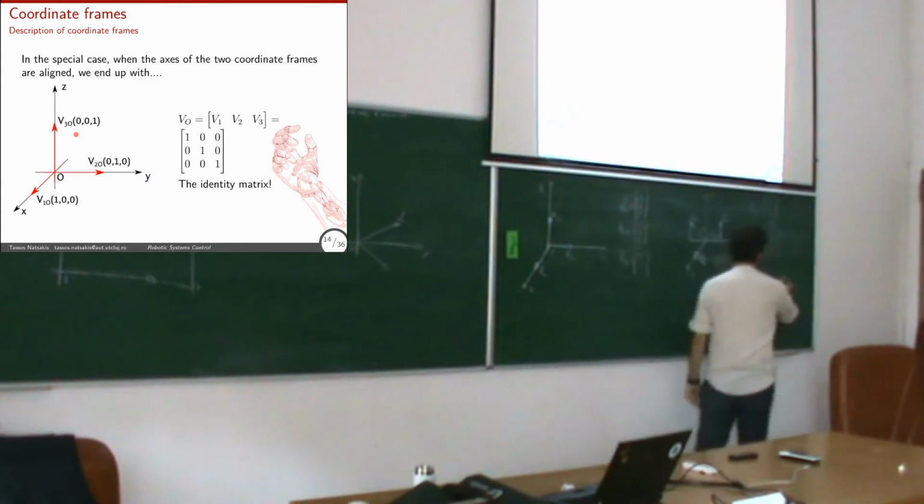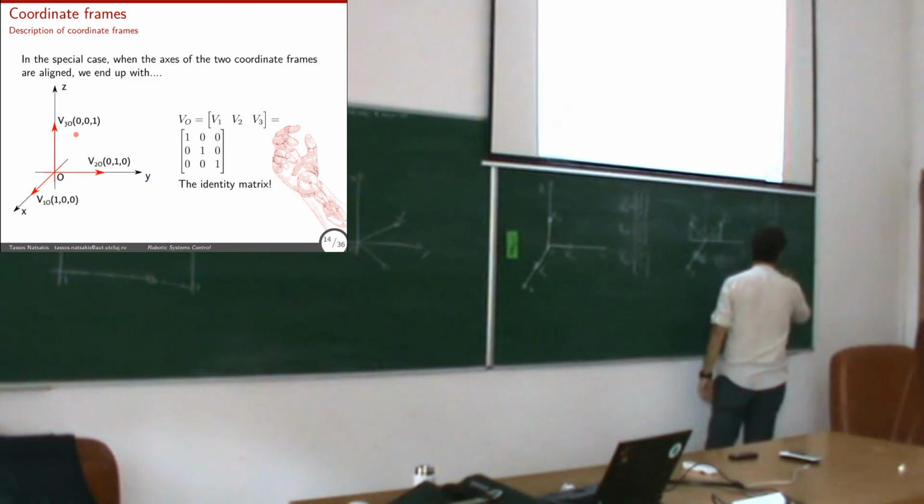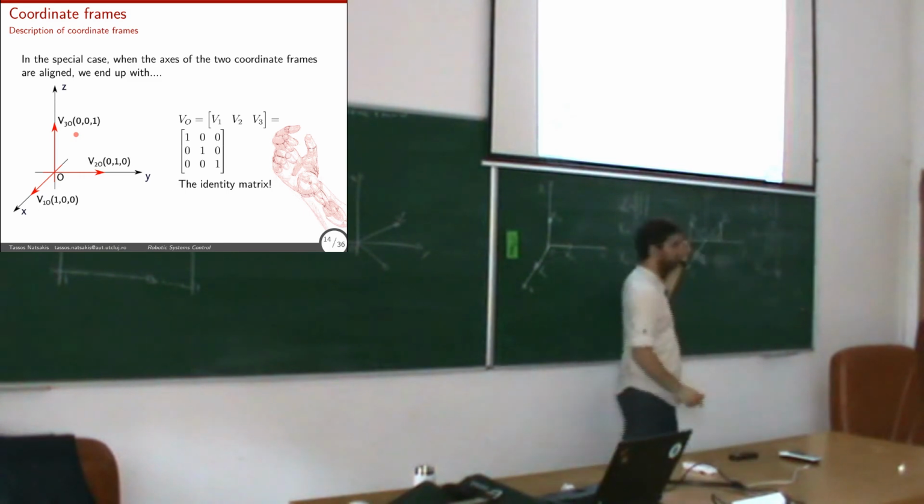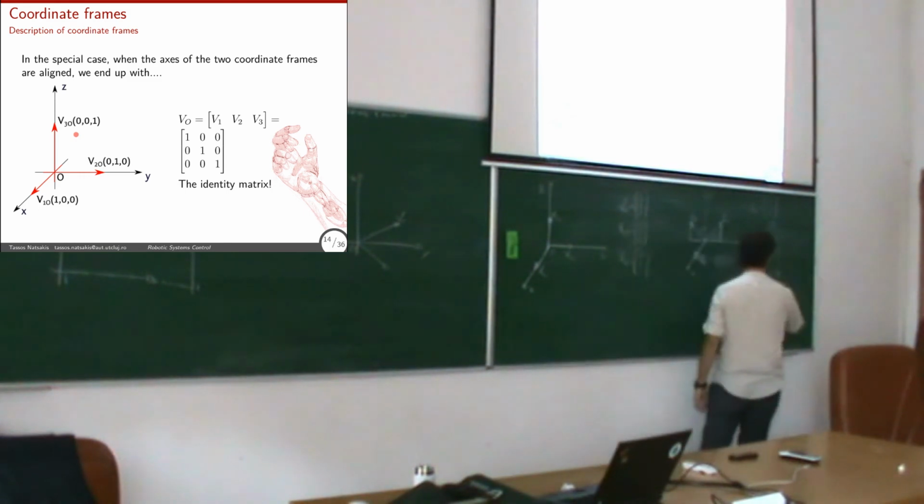It's 1 over square root of 2, so 0 again, 1 over square root of 2, but minus, because it's in the negative direction, and 1 over square root of 2.